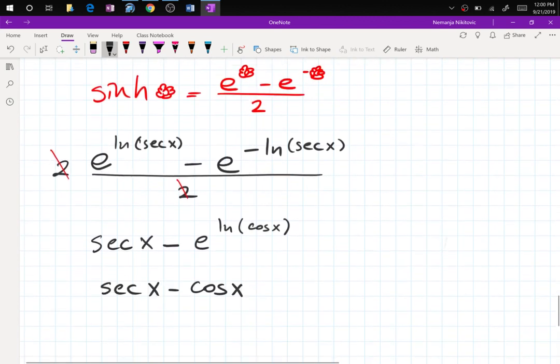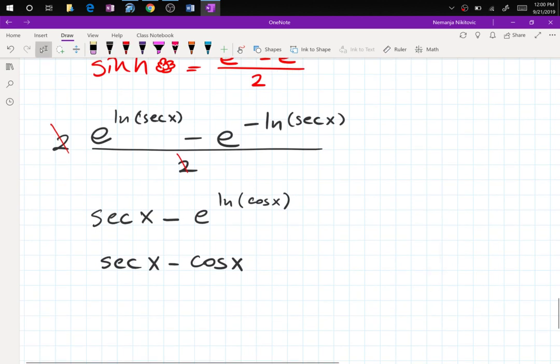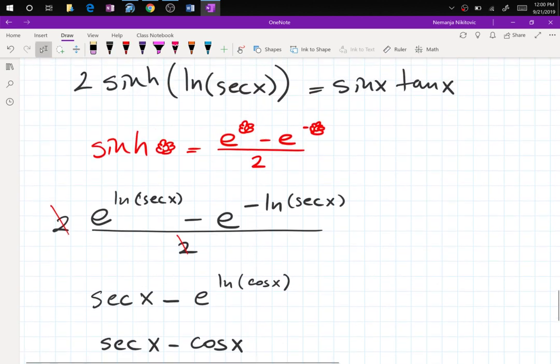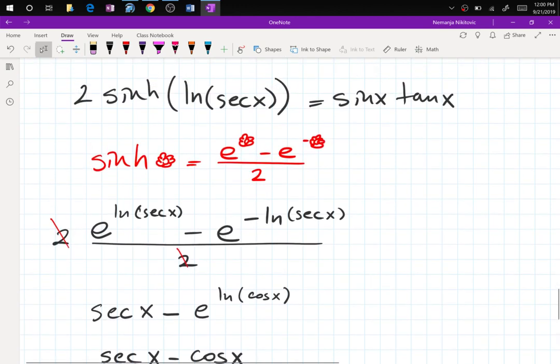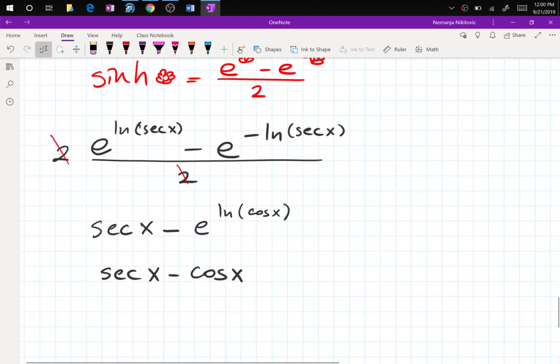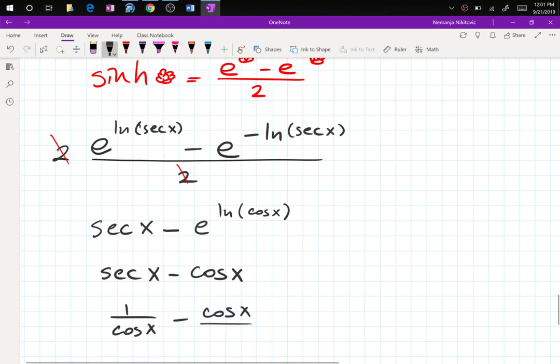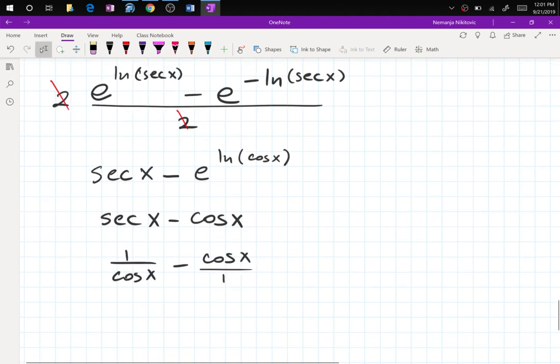Now we need secant times tangent. No, we need sine times tangent. So now secant is 1 over cosine x minus cosine x, and I'll put over 1. So we multiply over here by cosine x over cosine x. I'm going to put this orange because it's a common denominator thing that I'm looking for.